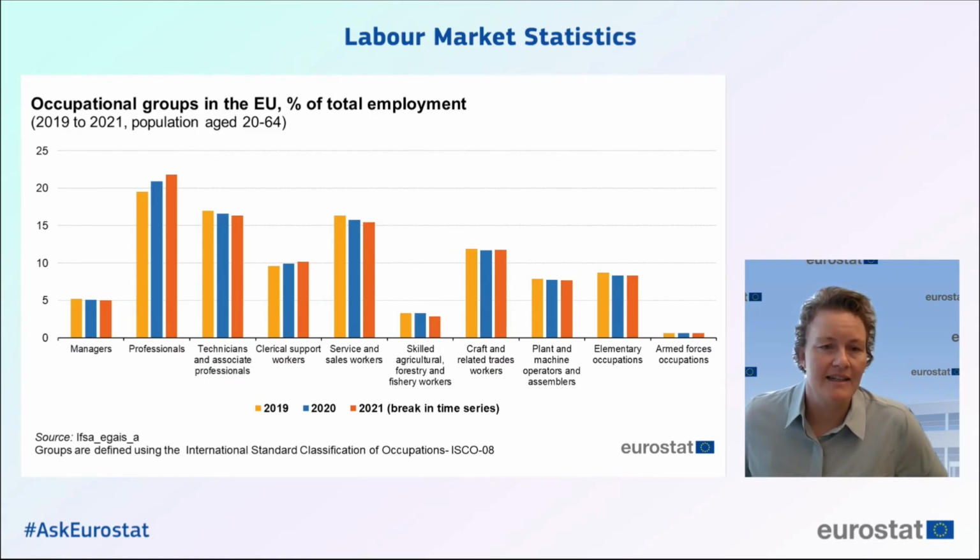What we can see, nevertheless, is that the situation seems to be relatively stable. We cannot say there has been a major impact in 2020. If we look at the picture like this, there are small developments, but on the yearly averages, it looks like there has been no disturbance from COVID on the distribution of occupational groups on that aggregate level.